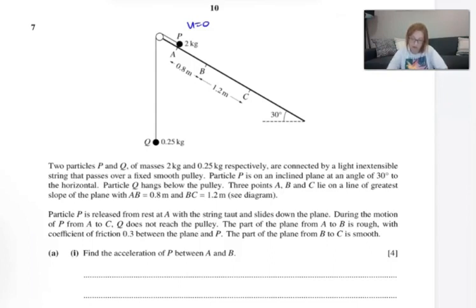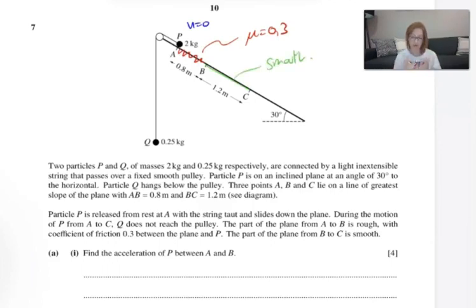The part of the plane from A to B is rough, which is what I expected, and it's got a coefficient mu of 0.3. The part from B to C is smooth. Okay, got it.